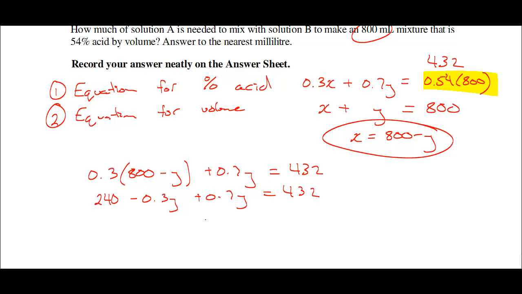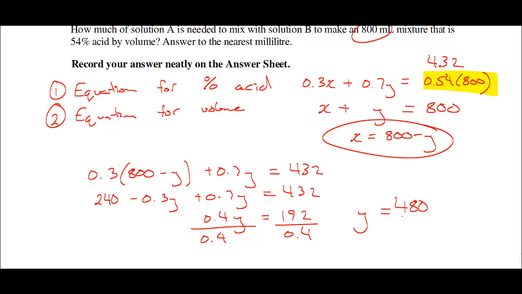Gathering my y's right here, that gives me 0.4y, and subtracting 240 from both sides of the equation gives me 192. And then lastly, to get rid of the decimal next to the y, we divide by 0.4, divide by 0.4, and that gives me y is equal to 480.